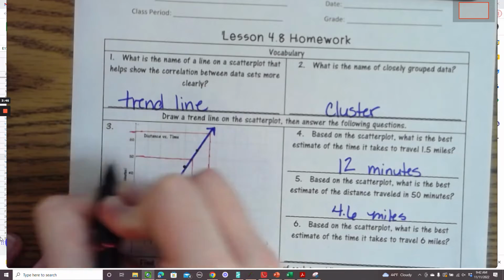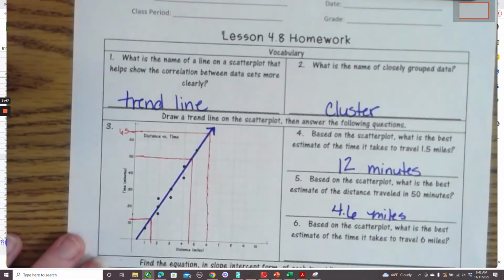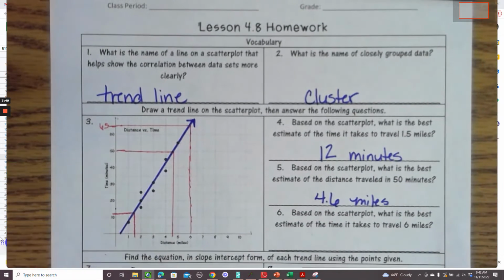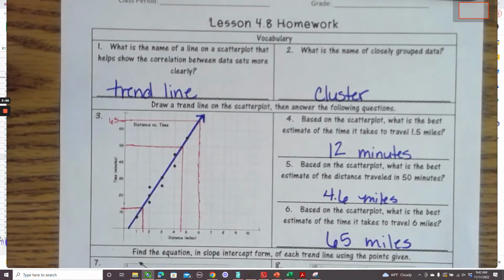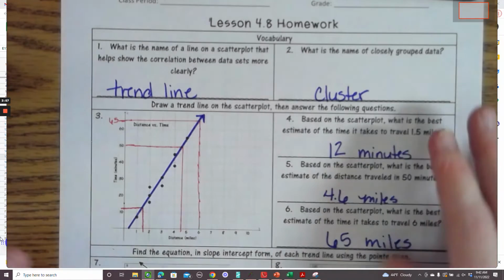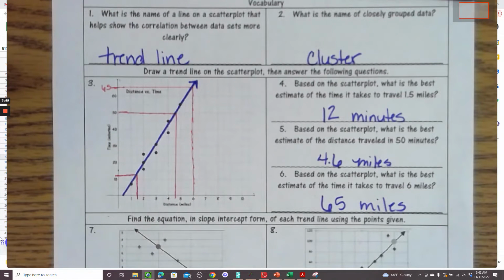I'm at that halfway mark, which is about 65. So I take anything in between 60 and 70, depending on where it falls. It's all going to fall different. I guarantee you, when I do this the next class period, I'm going to get different answers. My trend line is going to be different. I don't even draw the same trend line on the same set of data every time.